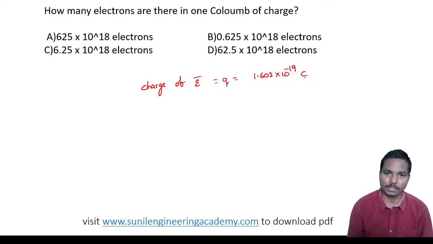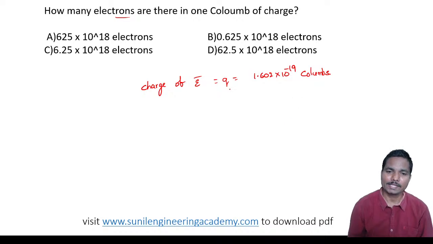So let us take charge, there are how many electrons present. The charge of an electron is 1.602 into 10 power minus 19 coulombs.